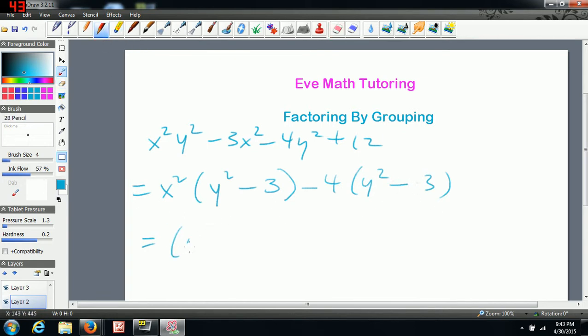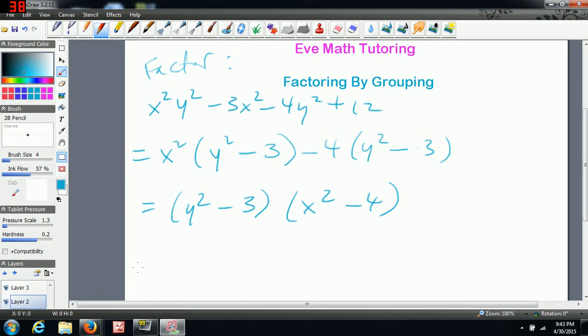So at this point, I could factor a y squared minus 3, and I'd be left with x squared minus 4 as my final answer. So the question would be to factor. Okay, so that's also another example of factoring by grouping.